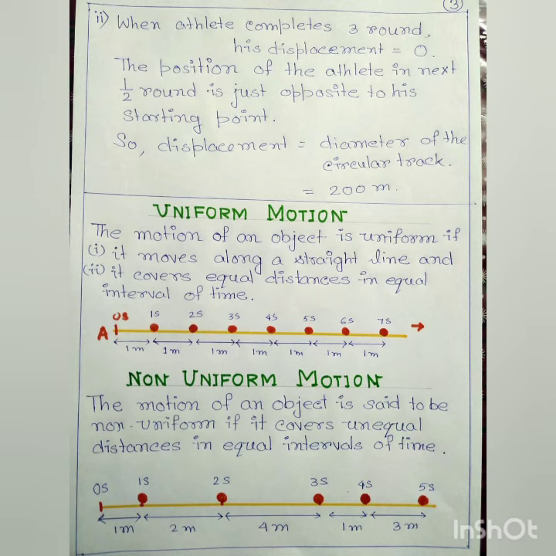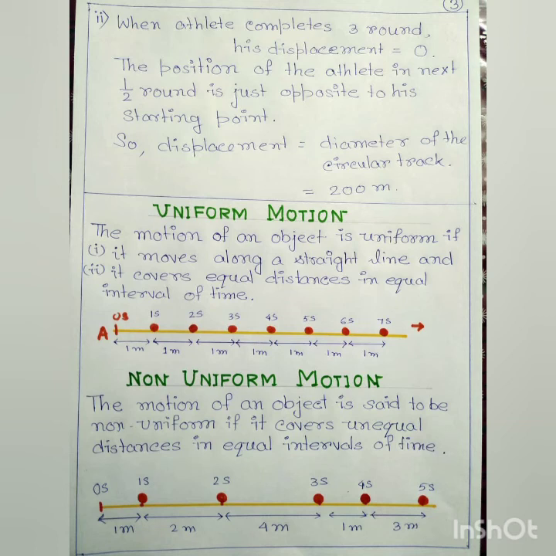Again during the next second it travels 1 meter. During the third second it travels 1 meter. Continuously, if you consider any one interval of time, always the object travels 1 meter. Therefore we can conclude that this object is in uniform motion.